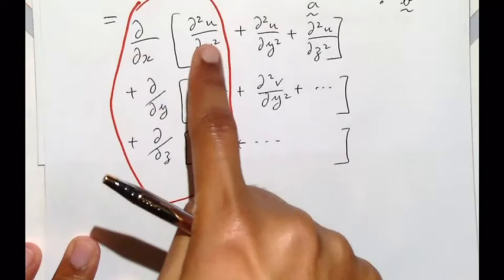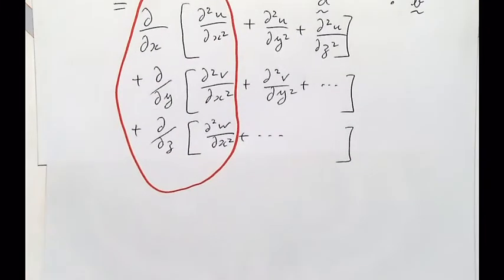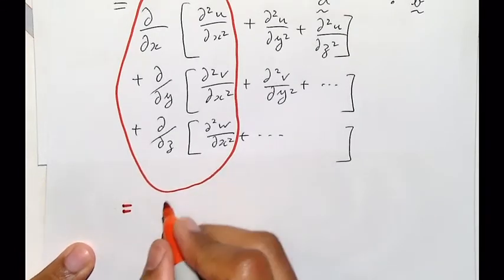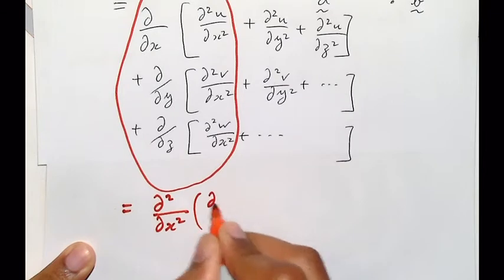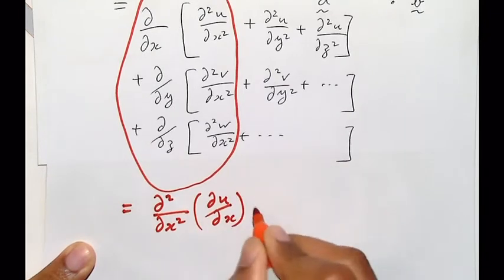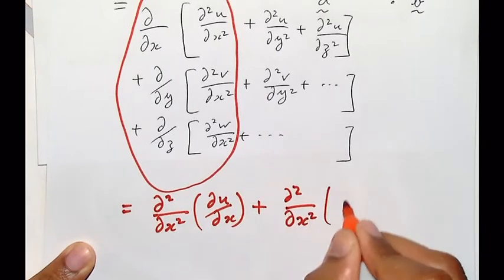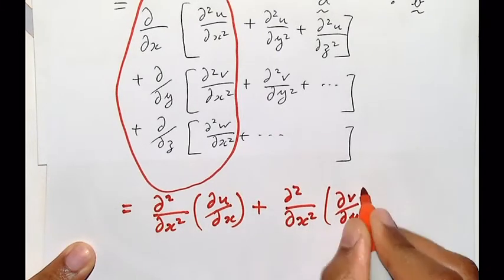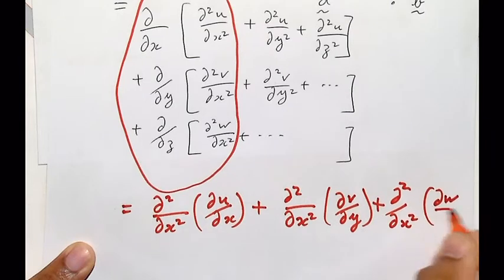If we take these 3 terms, this is basically del 2 over del x squared of del u by del x, del 2 over del x squared of del v by del y, and del 2 over del x squared of del w by del z.